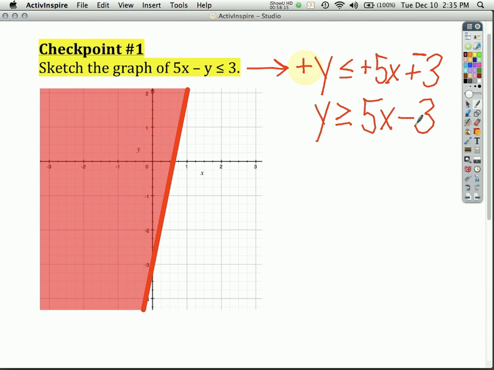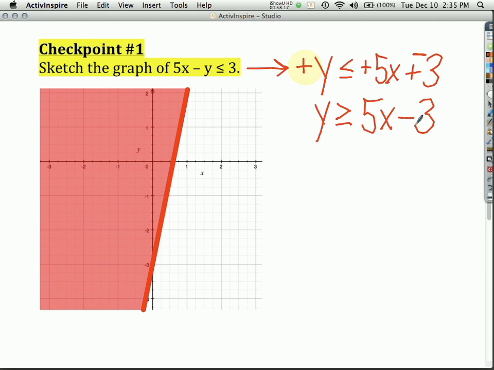Minus 3. So now you go down to -3, you put a dot, and then you rise 5 over 1. You get your next dot right there. Draw a solid line. Now you have to test 0, 0. And so you put a 0 here.